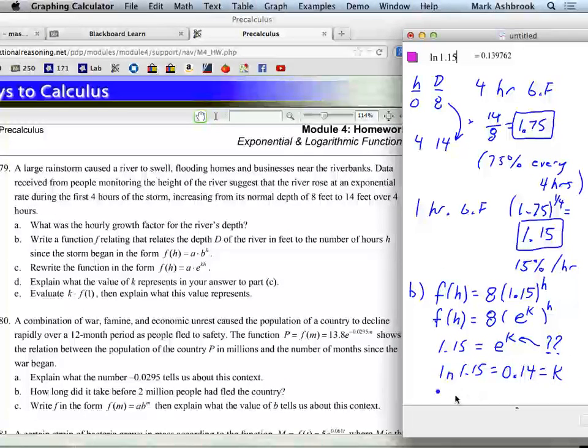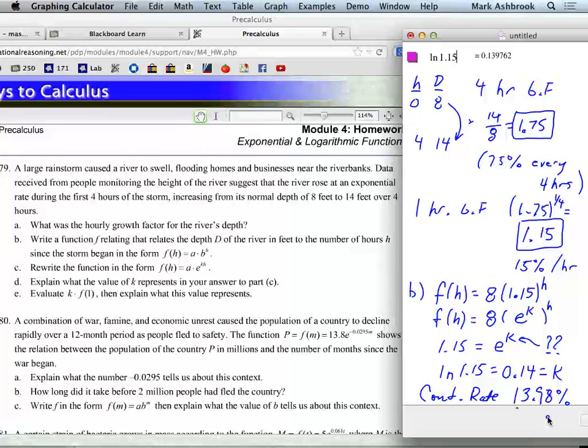So the continuous rate is what percent increase? 14 or 13.98%. So every hour, the height of the river is increasing 13.98%, because that's the continuous hourly rate.